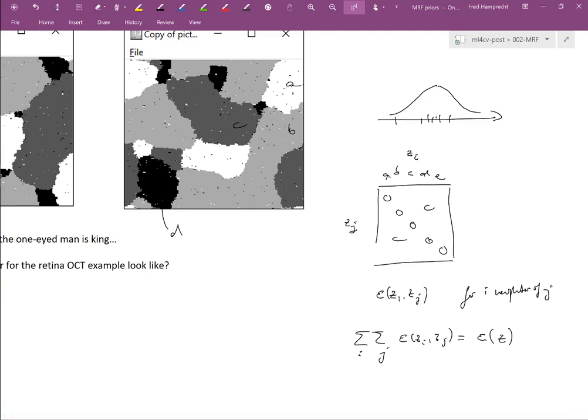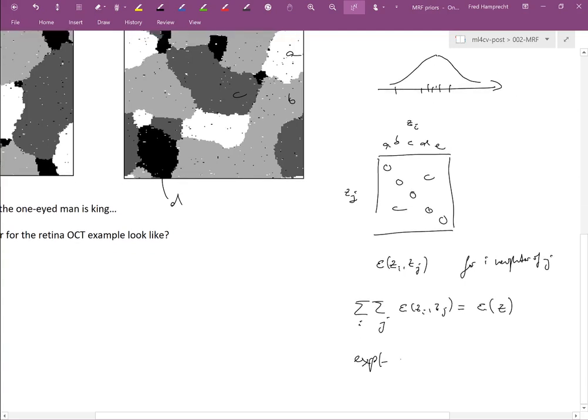And the link to a distribution is that this energy, or this Gibbs measure, I can take as argument in an exponential for a temperature of 1. And this is the same as the probability of Z if I normalize it properly.